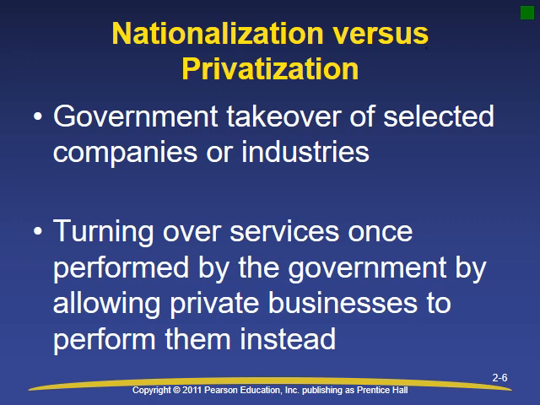In the United States, private companies now own or operate a number of highways, bridges, ports, prisons, and other infrastructure elements, providing services once provided by the government. The U.S. government nationalized airport security after September 11, 2001.